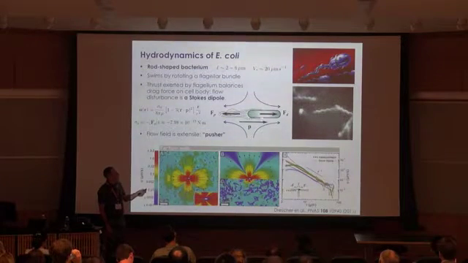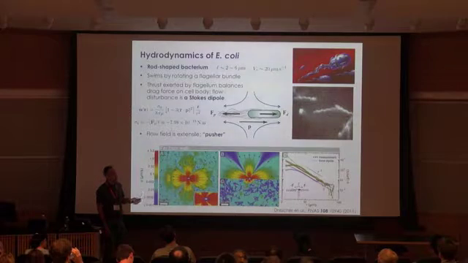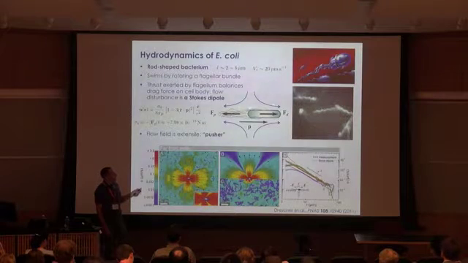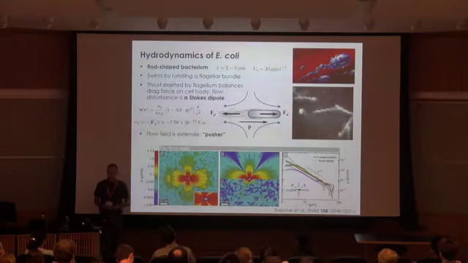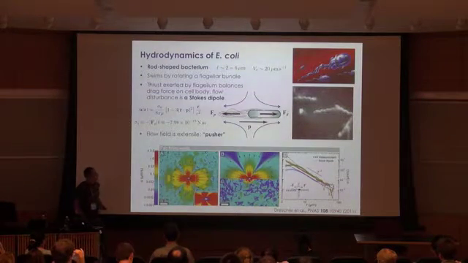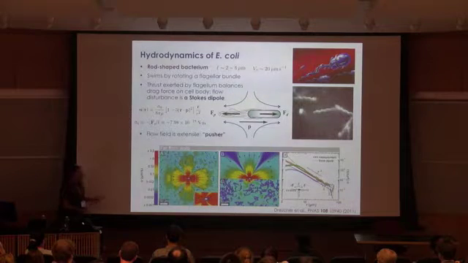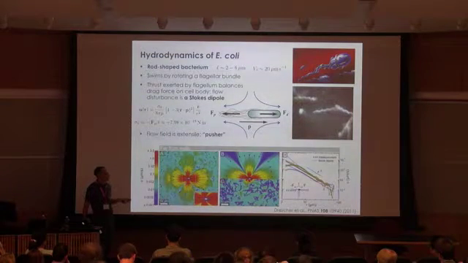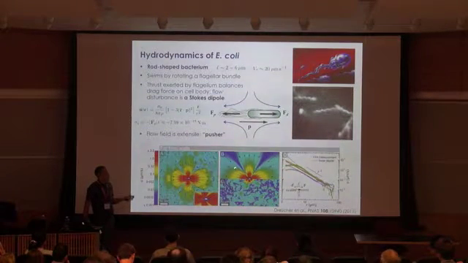But now the cell body is being pushed through viscous fluid, so it experiences a drag force. And if there's no net external force on the particle, these two forces have to balance. So the thrust is exactly balanced by the drag, and you can think of this as a force dipole. This is the simplest representation of such a particle, and it is indeed a good model. This was tested experimentally by Knut Drescher, again in the group of Goldstein, where they measured by PIV the flow field around individual bacteria, which matches the flow field of the Stokes dipole quite well.